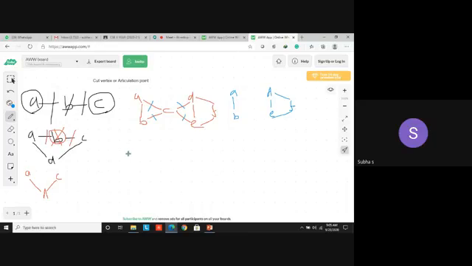A graph is said to be biconnected if there is no articulation point at all. These are two interrelated concepts. If there is no articulation point in your graph, then the graph is said to be biconnected. It has biconnected components. That is the relationship between biconnectivity and the cut vertex.